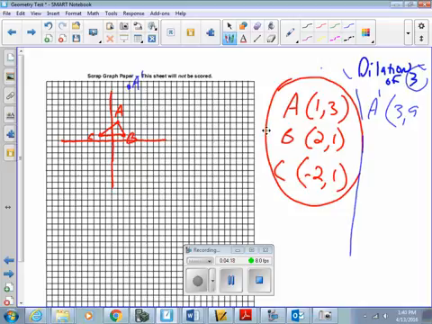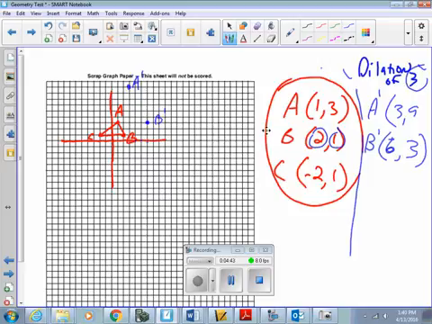Now my B prime is going to be 6, 3, because remember, you're multiplying these points by 3. So you're multiplying 2 and 1 by 3, so you're going to get 6, 3. So 1, 2, 3, 4, 5, 6, by 3. And that's going to be B prime.